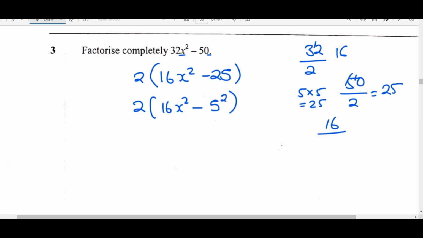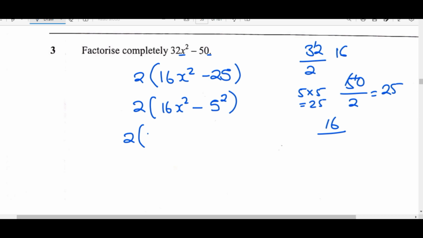Okay, so in this case, we have the difference of 2 squares. So we're going to say 2 open bracket, and then here, how many x do we have here?